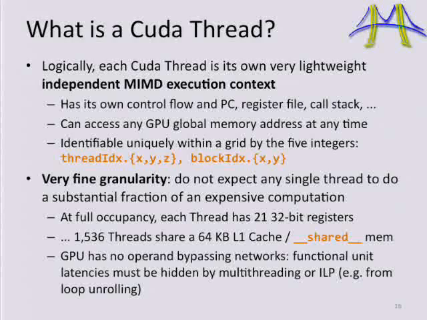But each of these threads has a very small share of that cache. Moreover, each thread won't execute very fast at all because the GPU doesn't have any operand bypassing networks, and it only very recently had added caches. So functional unit latencies, memory access latencies, all have to be hidden either by multi-threading or ILP within a thread. The easiest path is actually to hide it by multi-threading.